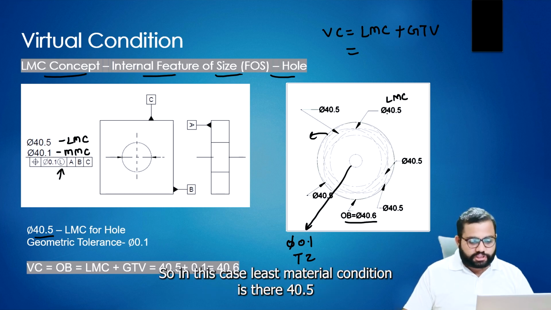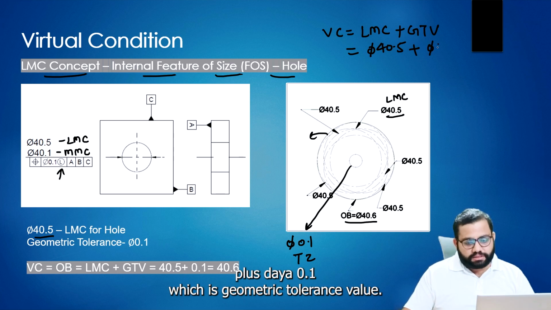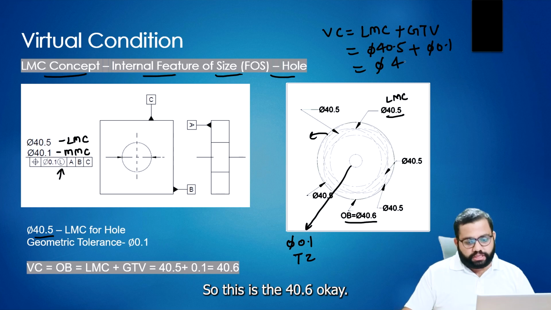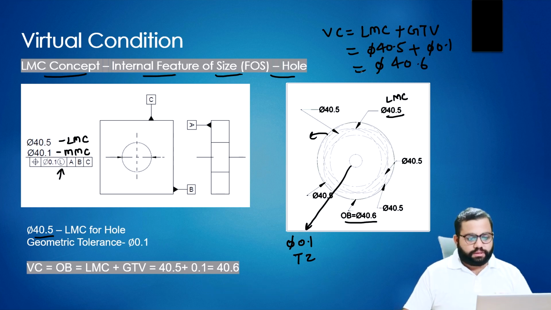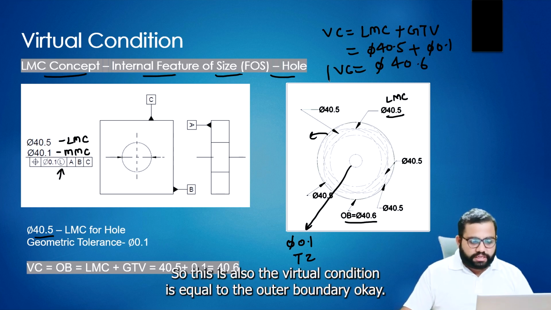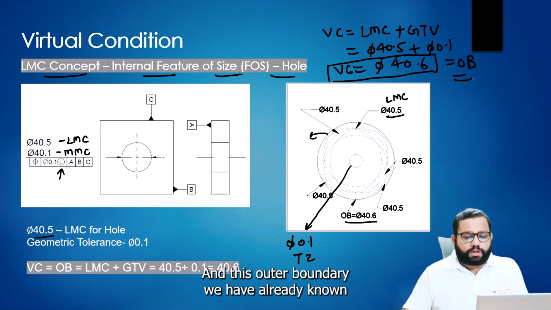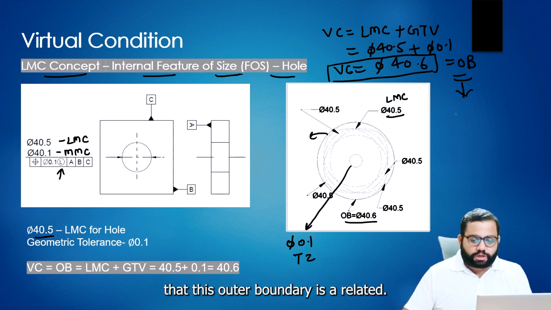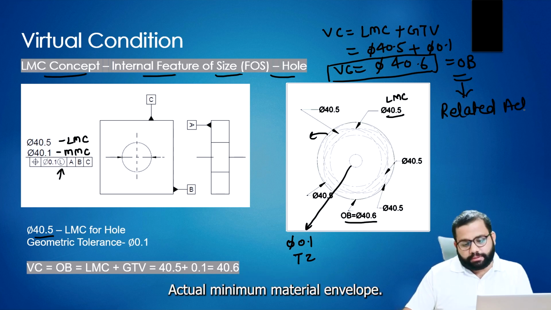So in this case, least material condition is dia 40.5 plus dia 0.1, which is the geometric tolerance value. So this is 40.6. This is also the virtual condition, equal to the outer boundary. And we have already known that this outer boundary is the related actual minimum material envelope.